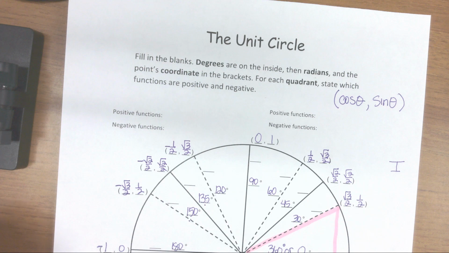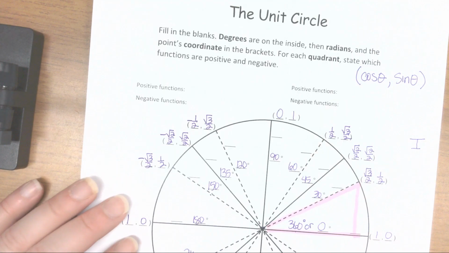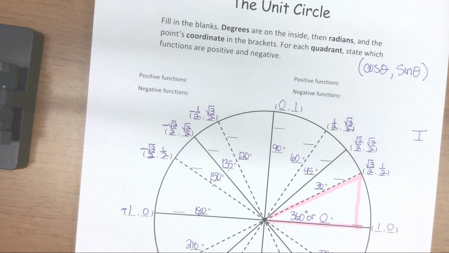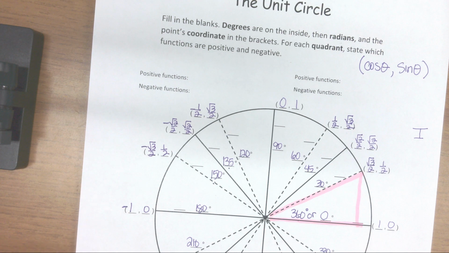So it becomes really useful when you have to memorize special right triangles, because essentially if you memorize the unit circle, which I haven't decided if I'm going to make you do, next year you will take a whole unit circle quiz if you're doing pre-calc, you will. But every single point around here is a cosine and a sine.